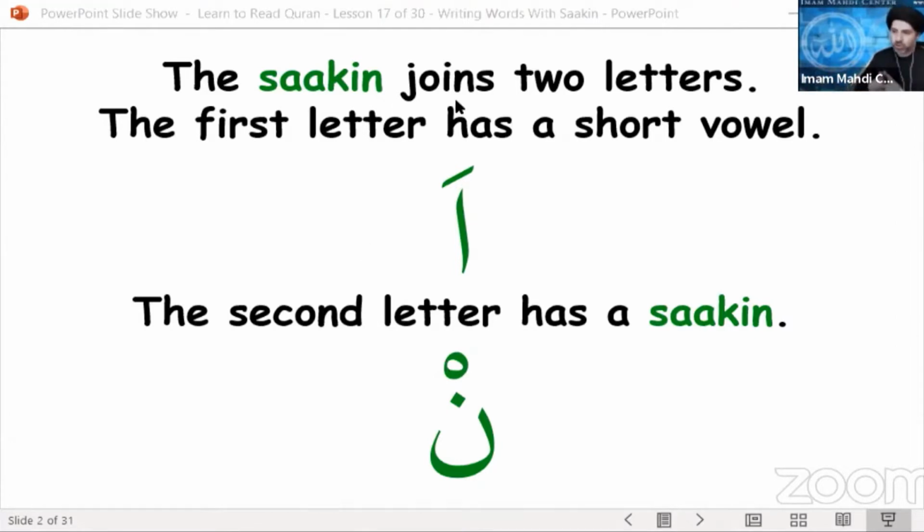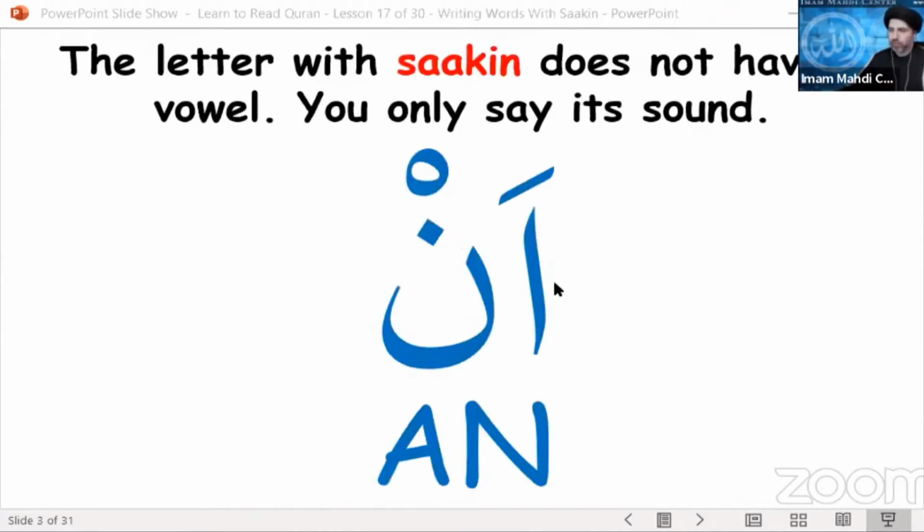So the Saakin joins two letters into one syllable, where the first letter has a short vowel and the second letter has the Saakin. As you can see here in this example, this alif has a fatha, which is a short vowel, and the second letter, the noon, has the Saakin. So the letter with the Saakin does not have a vowel sound itself. The Saakin is actually a stop on the sound of the letter.